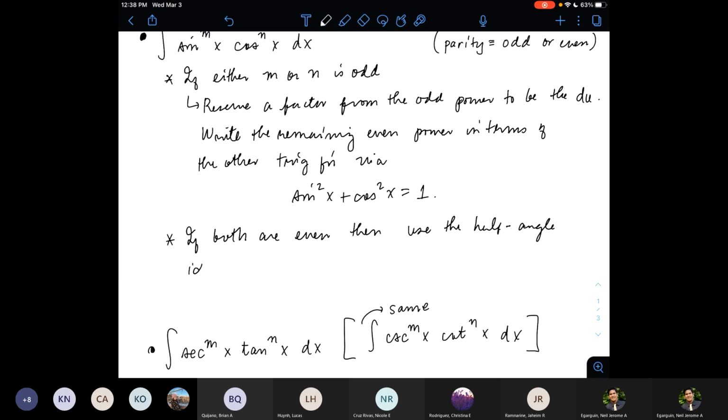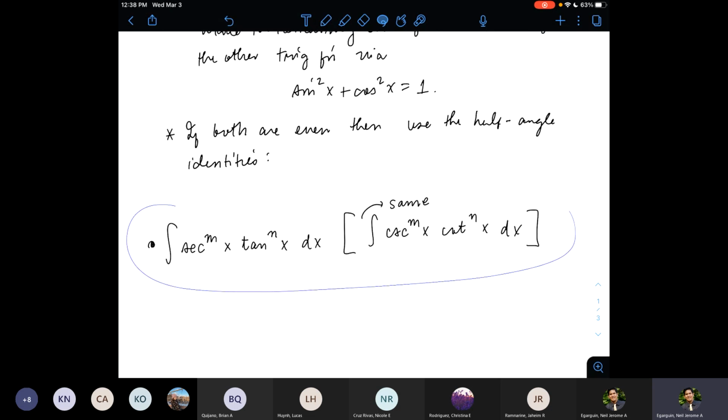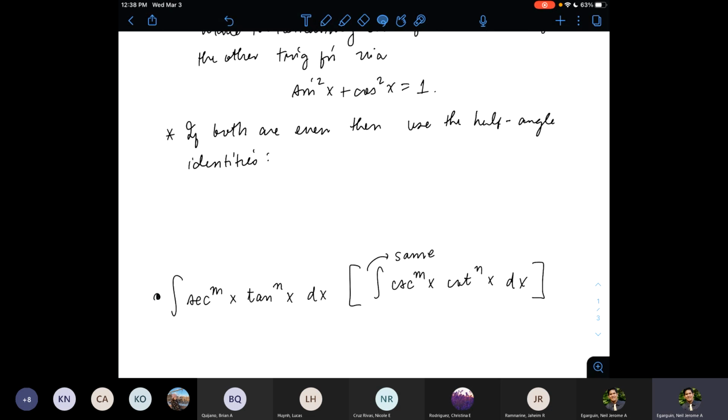If you remember from your algebra classes, sine squared x is equal to 1 minus cosine of 2x all over 2, and cosine squared x is equal to 1 plus cosine of 2x all over 2, right? So you replace all those even powers using these identities so that your power will be reduced by an order.